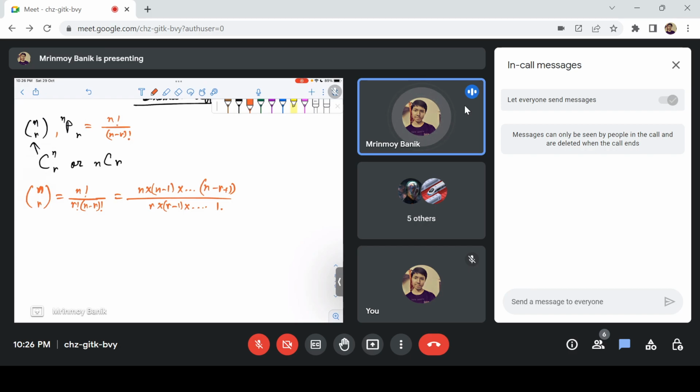Knowing these two, the binomial coefficients are the coefficients that you encounter when you expand things like a minus b power n. So this is equal to the sum over i from 0 through n of a power n minus i, nCi, minus b power i.